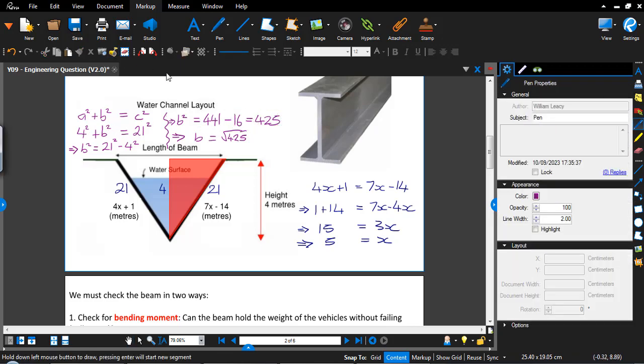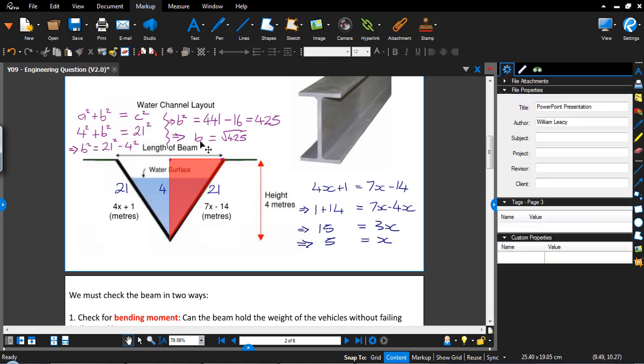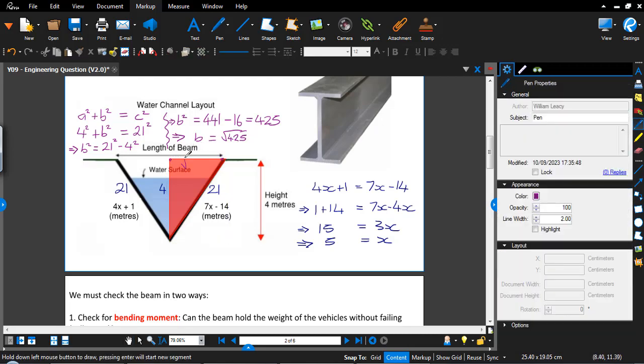So we know that this height, from here to here, is root 425. I'll just put it here. Square root 425. So we obviously have two of them, because from here to here is also the square root of 425. So we have 2 times the square root of 425.